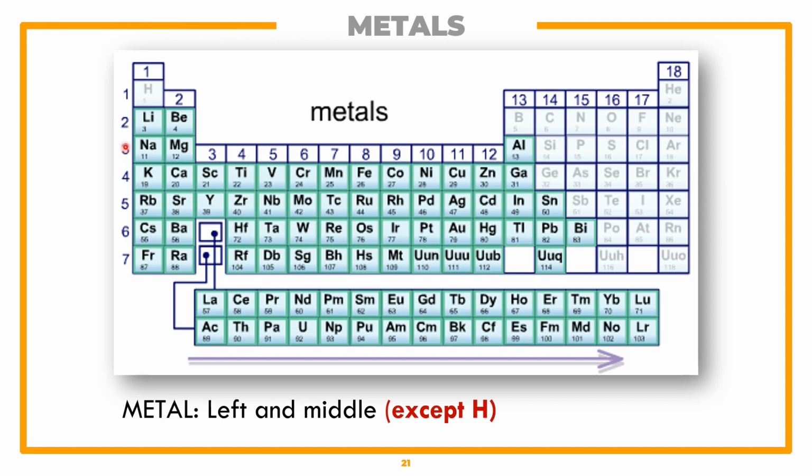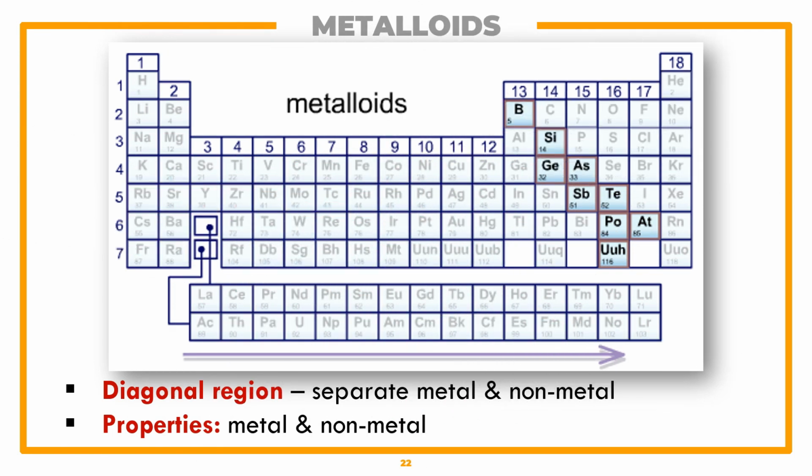Elements in the periodic table also can be classified as metal, nonmetals, and metalloids. So these are the elements of metals in the periodic table, except the hydrogen. Metalloids are the elements that have both properties of metal and nonmetal. So here are the region of the metalloids, okay, the region that separates between metal and nonmetal in the periodic table.